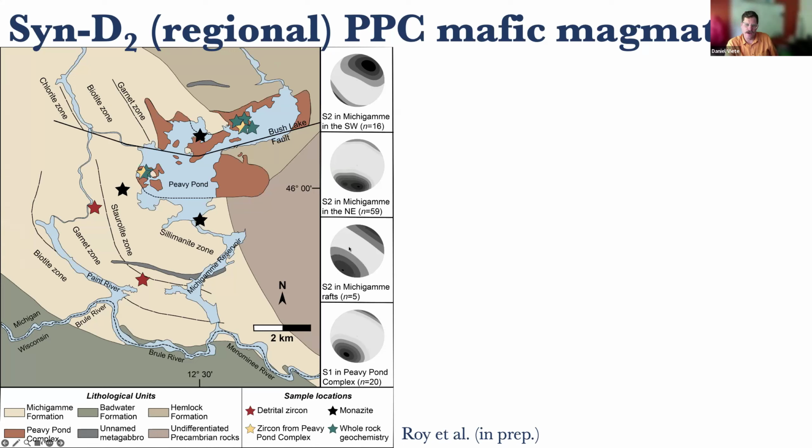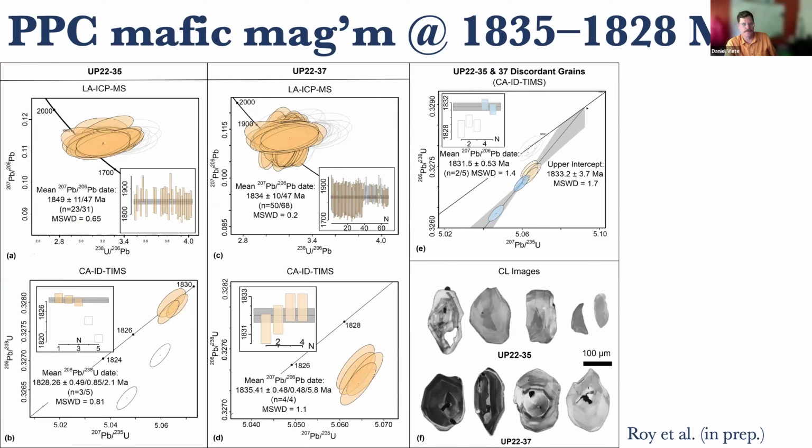As well as that, rafts within the PV pond complex, you can see here, we got a boat out to these things, and the fabric within these rafts matches the fabric in the outer parts, which suggests that the entire complex was assembled and overprinted by the D2 metamorphism. In terms of the timing of the PV pond complex, the student was able to locate some zircons from some of the gabbros.